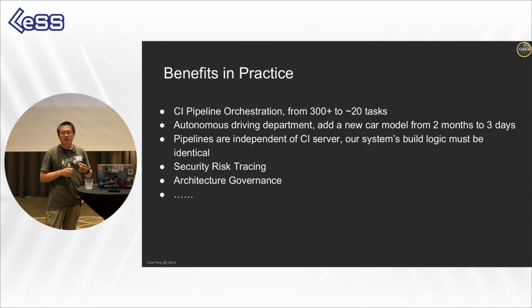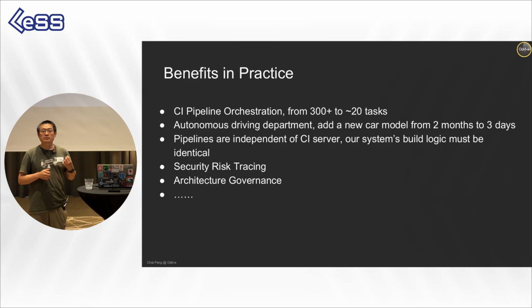With precise and explicit general dependency management, we can automatically orchestrate and optimize it. And we found, in this case, in most of the time there are only about 20 tasks actually affected.